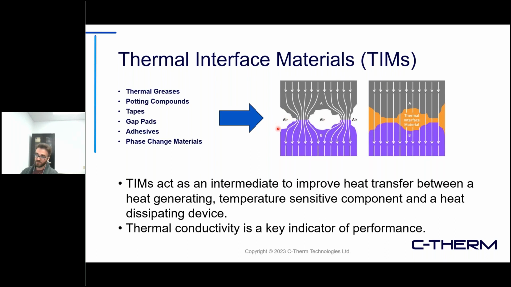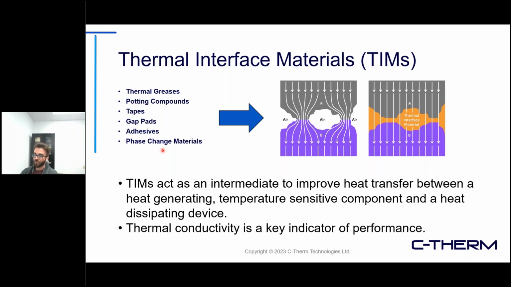And of course, these two materials in contact are not perfect. These microscopic air voids, or these gaps, are what's going to really impede heat transfer through the system. And where the thermal interface material comes in, it bridges that gap and assists in that heat transfer. And these can take various forms. These can be greases, potting compounds, adhesives, PCMs, as was mentioned at the beginning of the session today.